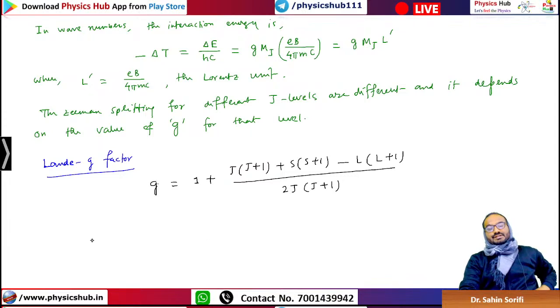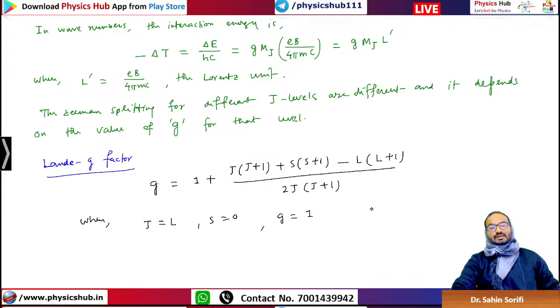Now you see, when J is equal to L, meaning S is 0, G is equal to 1. That is why we get no G for the normal Zeeman effect.